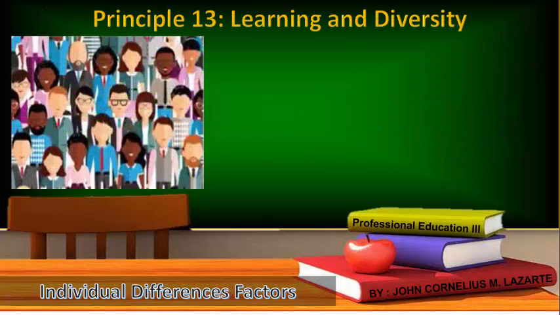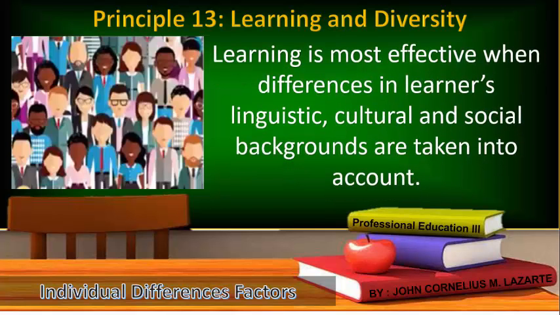Next is Principle 13, learning and diversity. It says that learning is most effective when the differences in learners' linguistic, cultural, and social backgrounds are taken into account. In order to boost the motivation and achievement of learners, it is also essential to make them feel and experience that they are valued, respected, and accommodated, despite their differences in language, ethnicity, race, beliefs, and socioeconomic status.